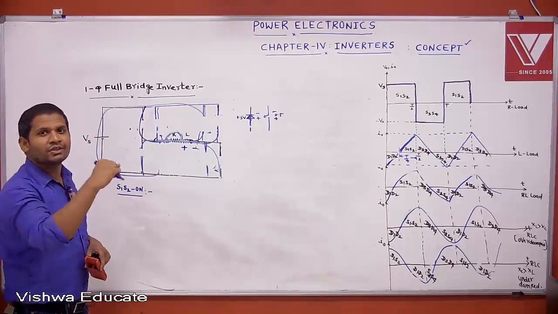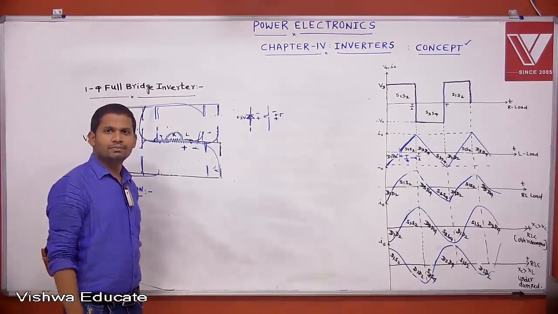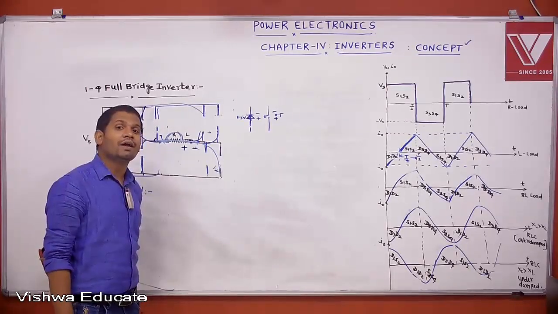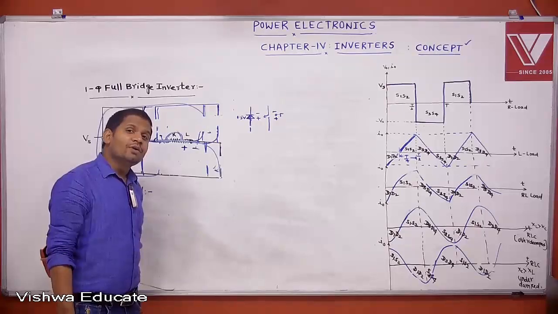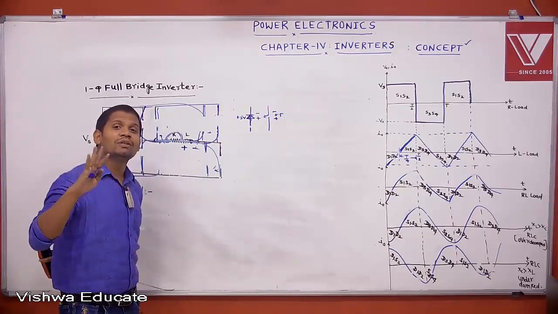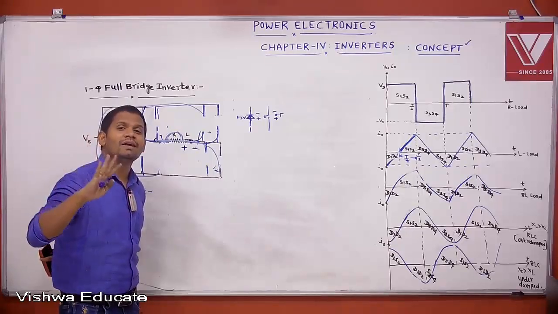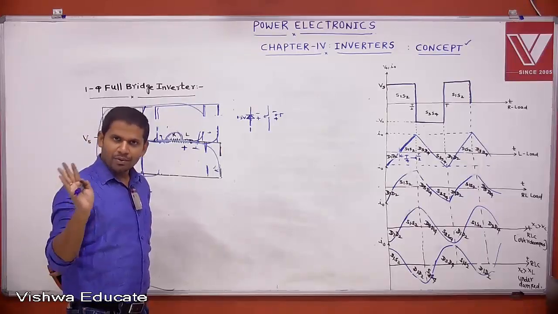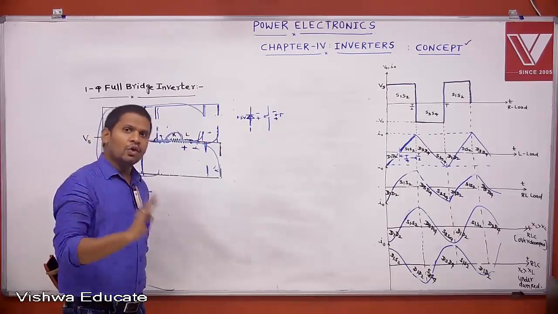Okay, that is the function of feedback diodes. It may be a half bridge inverter or a full bridge inverter. What is the function of a feedback diode? Feedback diodes carry the energy stored in the inductor, which is dissipated in the resistor. That is the function of feedback diodes. It may be half bridge or full bridge, any load.